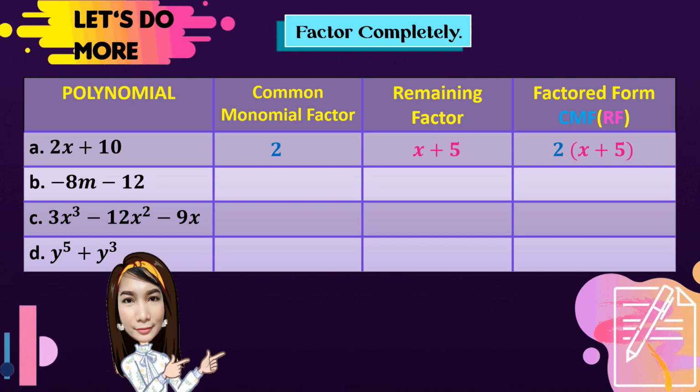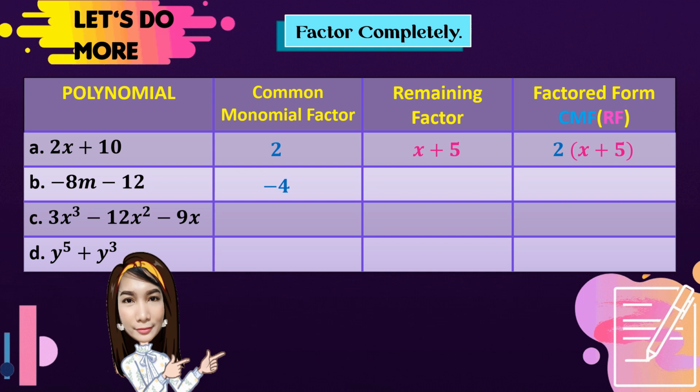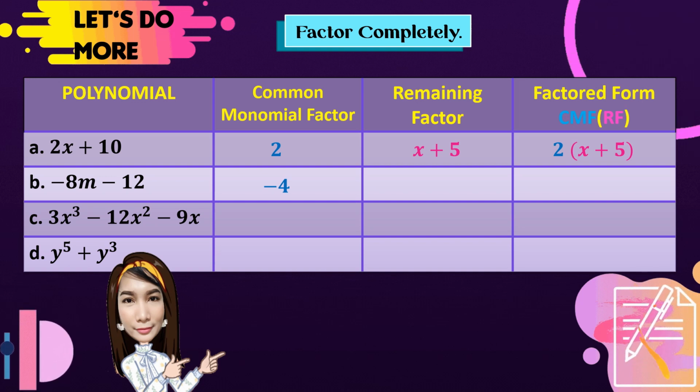Now second, we have negative 8m minus 12. So the common factor of negative 8 and negative 12 is negative 4. Now we have no common variable m, since it is not given on the second term. So therefore, we just have the common monomial on the coefficient only.